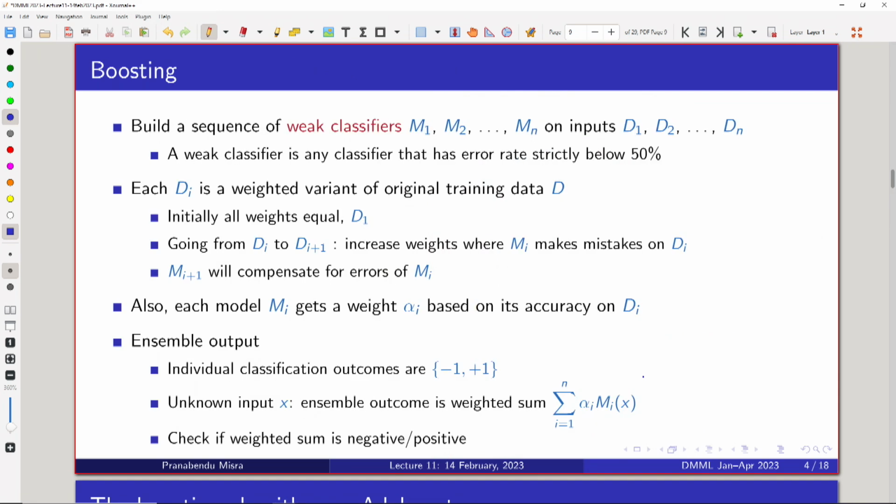So, here, as I said, the final classifier out of AdaBoost is a linear combination of the initial classifiers. I also said that we can use a linear separator, like the perceptron algorithm, for example, as one of our weak classification algorithms. So, what was the output of the perceptron algorithm?